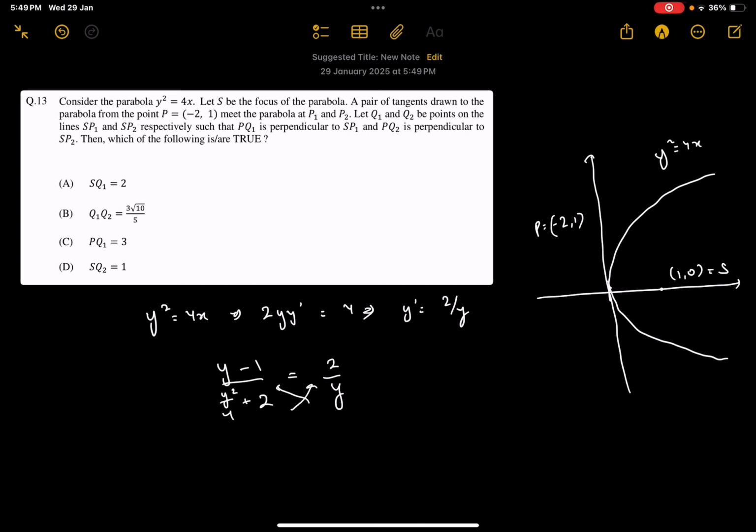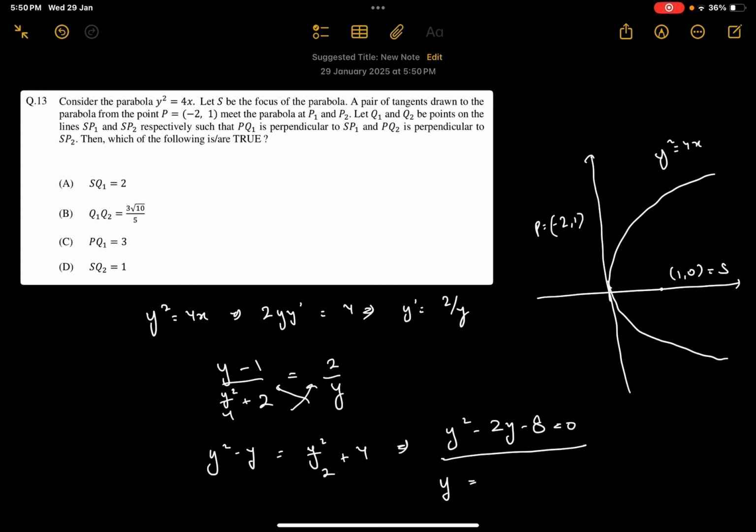Now cross multiplying, we get y squared minus 2y minus 8 equal to zero. So these are the y coordinates of the points at which the tangents from the point P touch the given parabola.